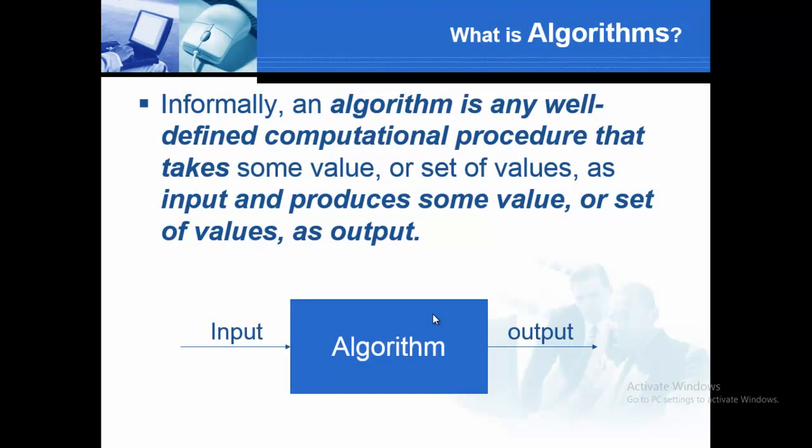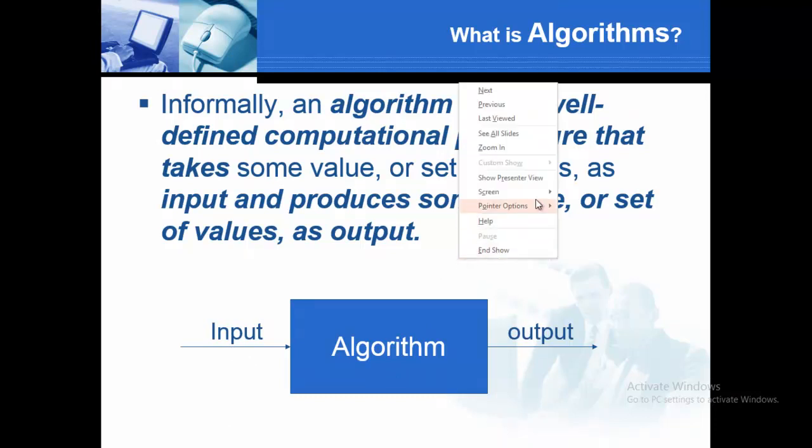So let's define it formally. An algorithm is like a function: we provide input to that algorithm, and it produces output. Let me give you a simple example.